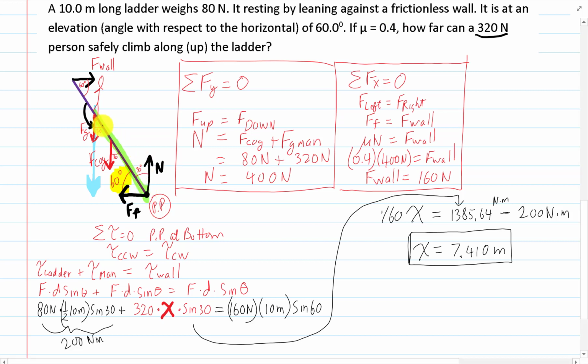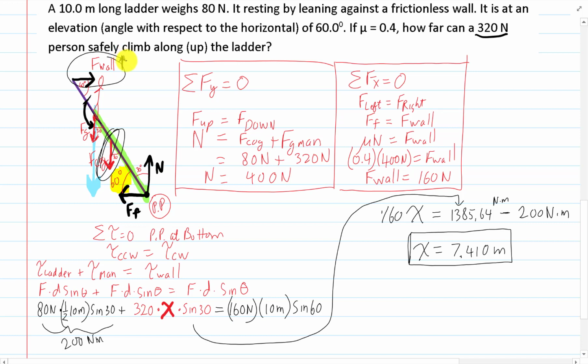As he goes up, his torque increases, but the sum of the torques should be zero. That means the ladder torque stays the same. He increases his torque, so the wall torque has to increase to balance. If the wall torque increases, which it has to, that means F wall has to increase.